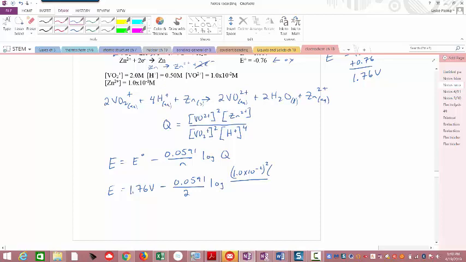Our concentration of zinc is 1 times 10 to the minus 1. Our concentration of VO2+ 1 is 2, and that gets squared. Our concentration of H+ is 0.5, and that is raised to the 4th power.